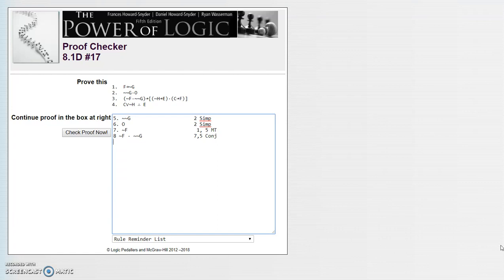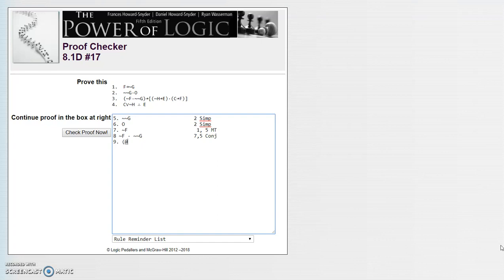That means that we can take the whole consequent out by using modus ponens. If you have the antecedent of a conditional, then you can derive the consequent of the conditional. And that's going to be what?